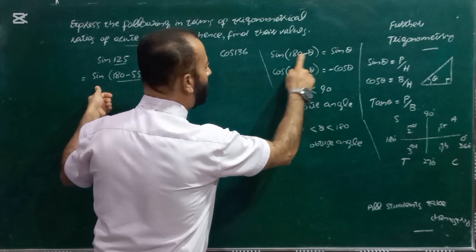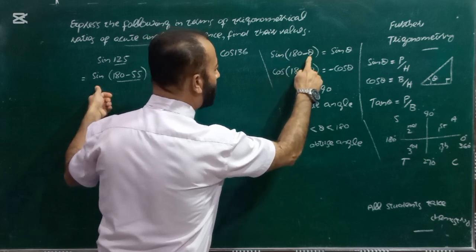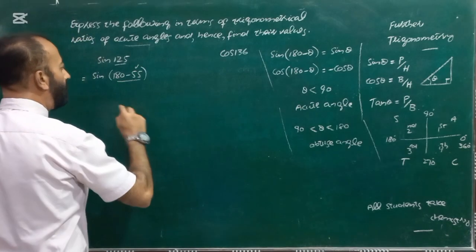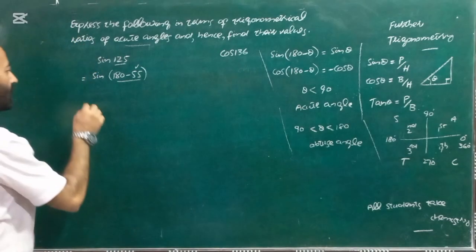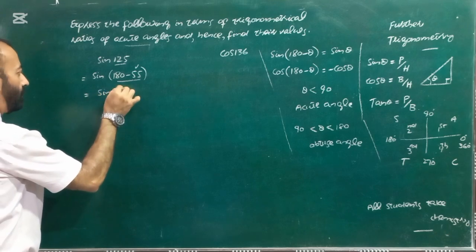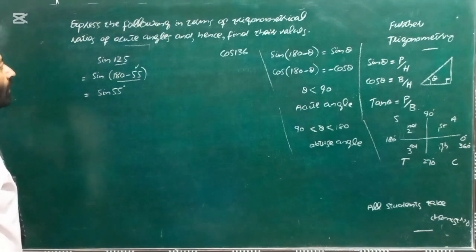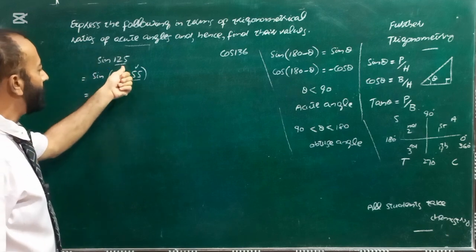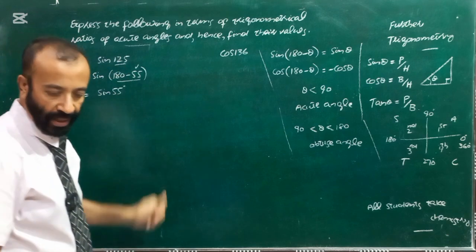So here is theta. If sine 180 minus theta is there, that will be equal to sine theta. So 55 is in place of the theta. So that's why it will be equal to sine 55. So we have done the first thing, that we have represented this obtuse angle into acute angle.